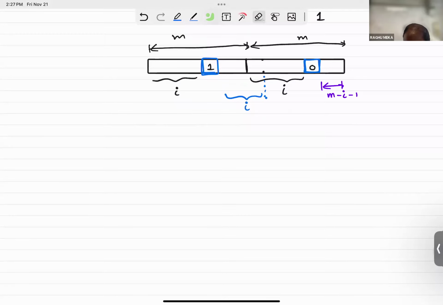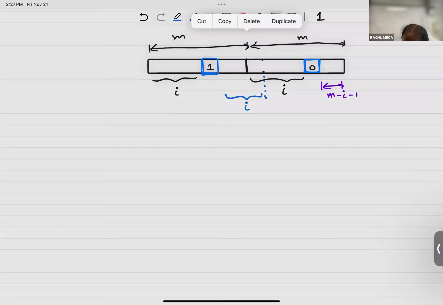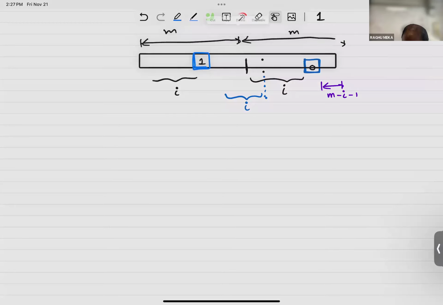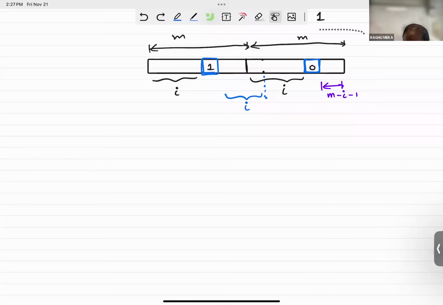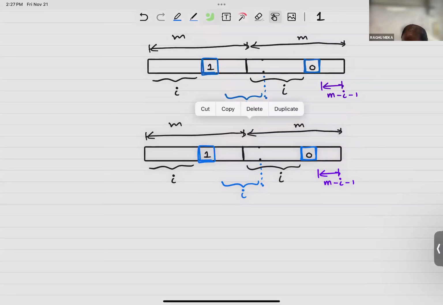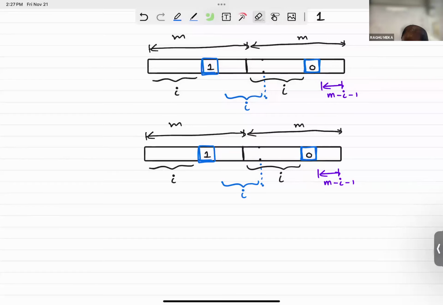I think if I draw one picture, everything will become much clearer. Okay, this is I positions.